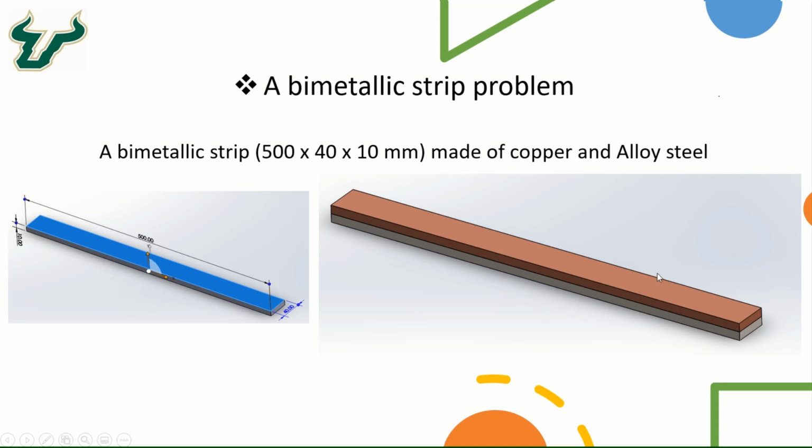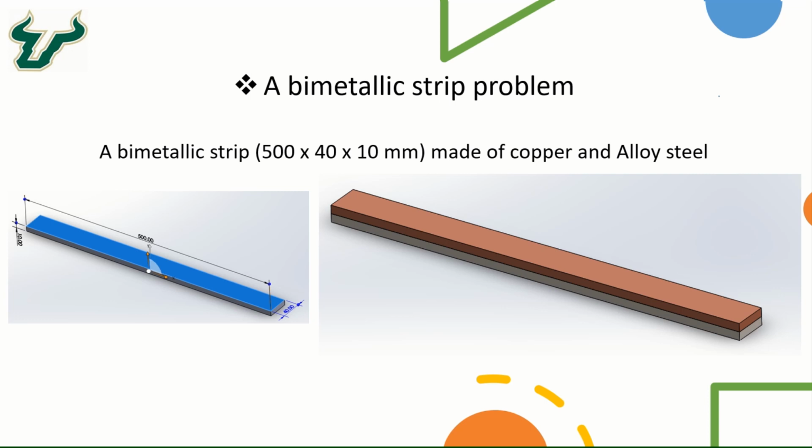The idea is that once they are bonded and the temperature is increased, obviously both these metals have different coefficients of thermal expansion, and due to that there will be an uneven expansion in these two metals. Since they are bonded with one another, the strip is going to curve, and so the deflection caused by this thermal load can be measured.